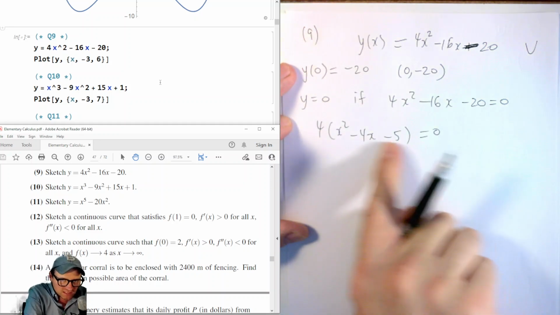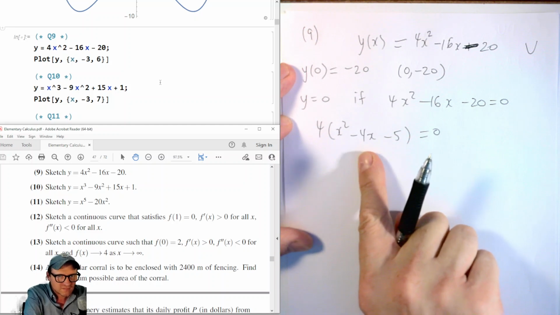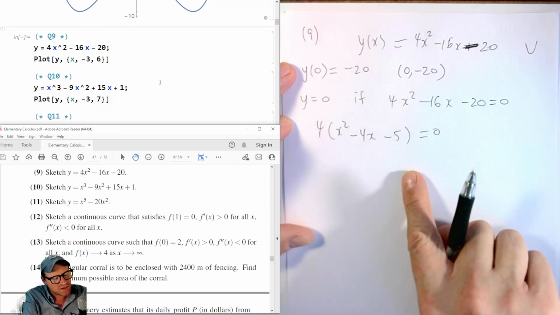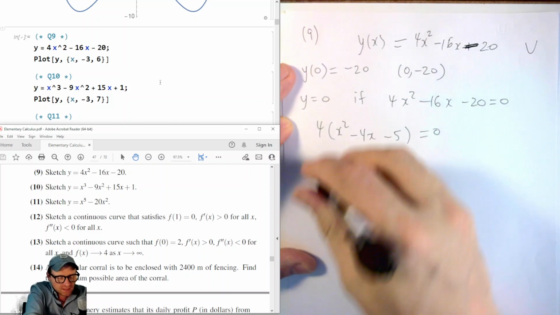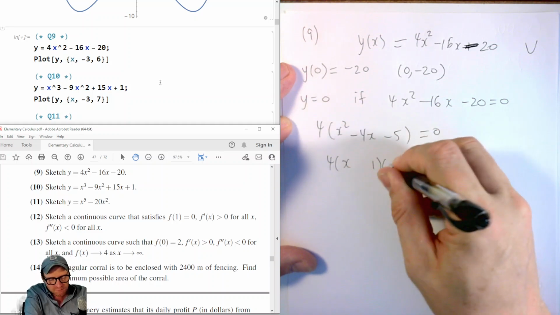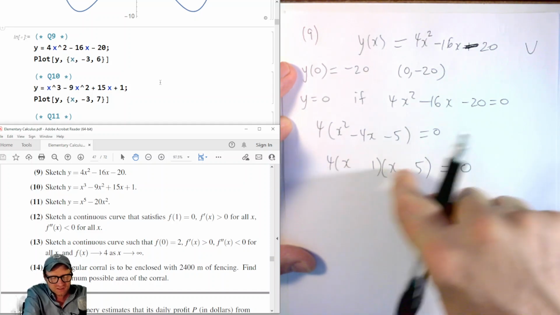And so we see we need to factorize this quadratic inside the brackets. That's easy to do because 5 is 1 times 5 and the difference is 4. So we have 4, put an x, put a 1, put an x, put a 5. Let's determine the sign of each of these.